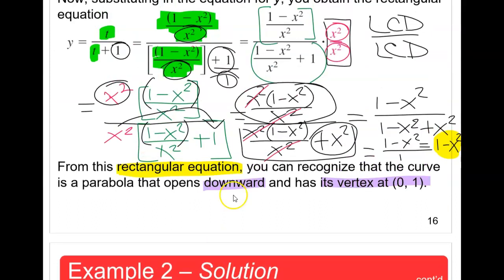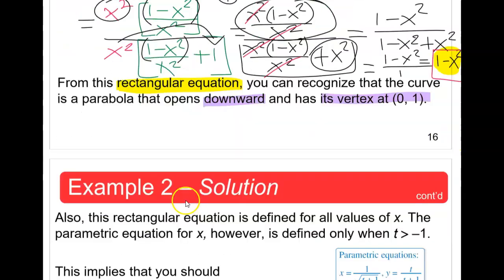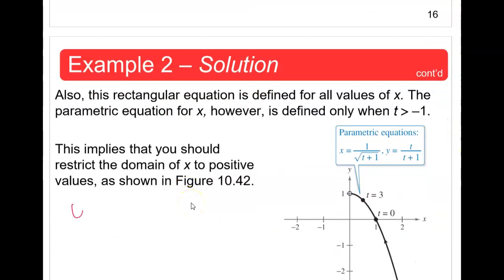So it will be y equals this equation here. That will be the rectangular equation, y equals 1 minus x squared.